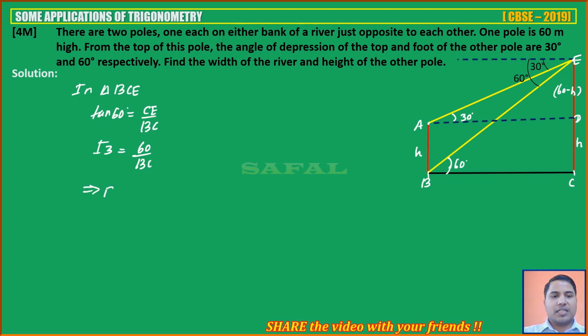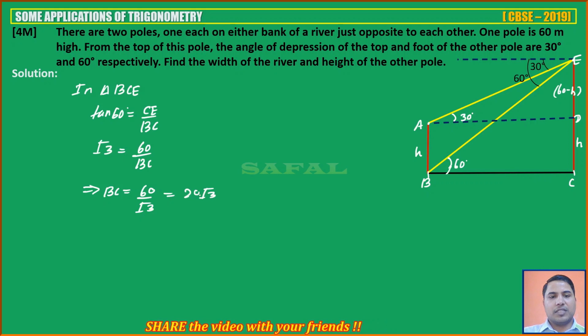So from here BC equals 60 by root 3, which is basically 20 root 3. You can multiply numerator and denominator by root 3 to get this. So the width of the river is 20 root 3 meters. That first part we have found.